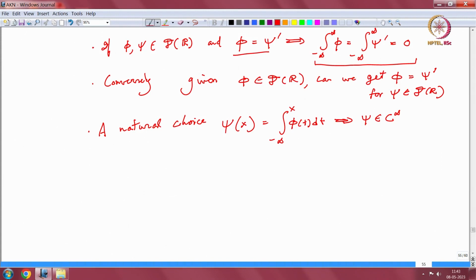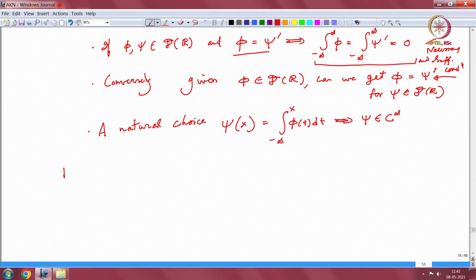On the other hand, if you have these conditions, you can indeed get that. So, this is a necessary and sufficient condition for this to hold.